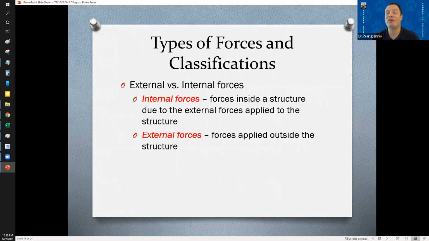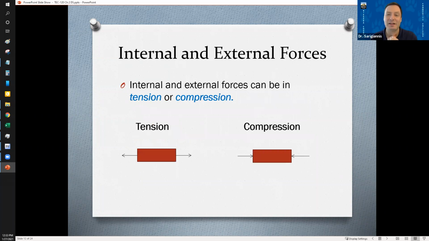But now if we define our structure as the spring of the shock, maybe we know the force, but then we can go even further. We can talk about the forces inside the actual material. That's stress. That's what we're going to cover in mechanics of materials after this class, so MET 205 if you have to take it. Internal, external forces. This is typically what you're going to see in this class.